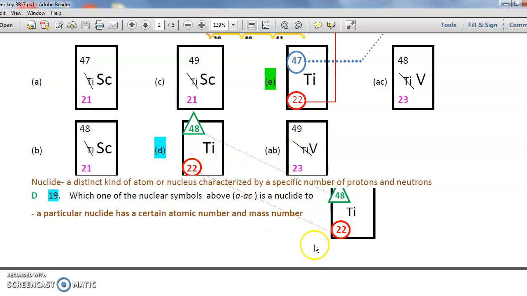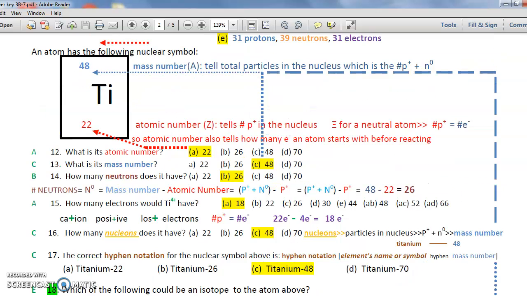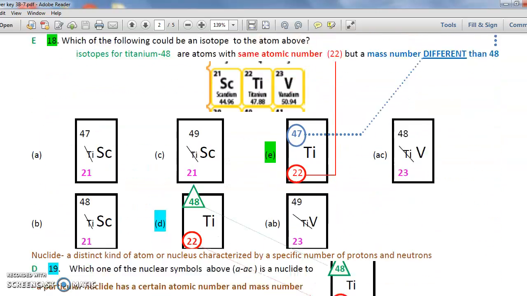Letter D is. They have the same everything. Nuclides are like identical twins. Same everything. Isotopes are like fraternal twins. A lot alike, but a little different. That takes care of 12 through 18.